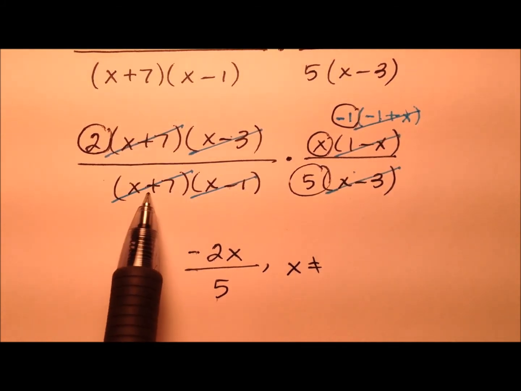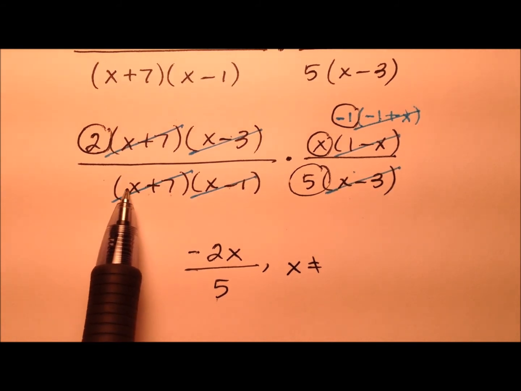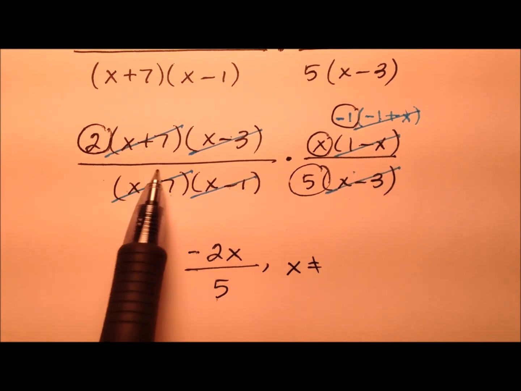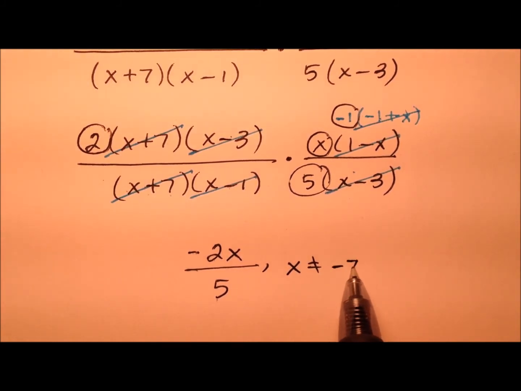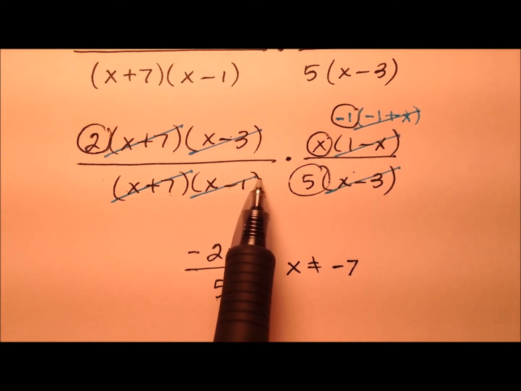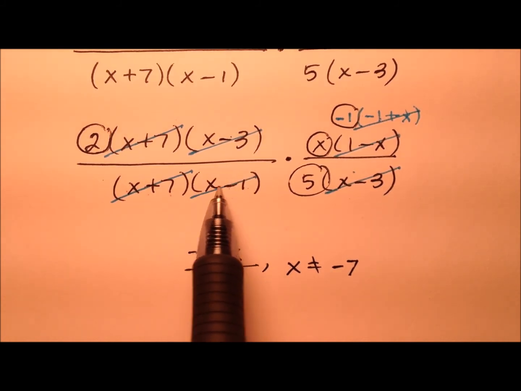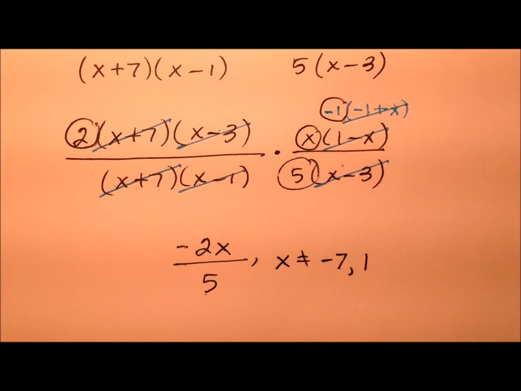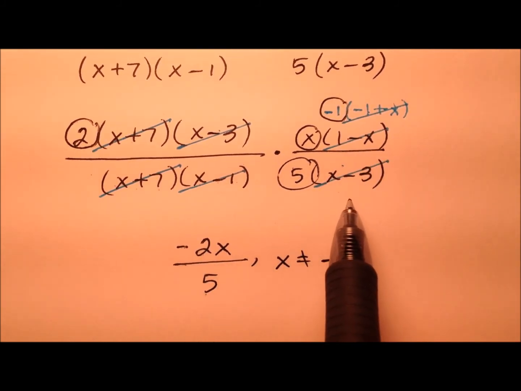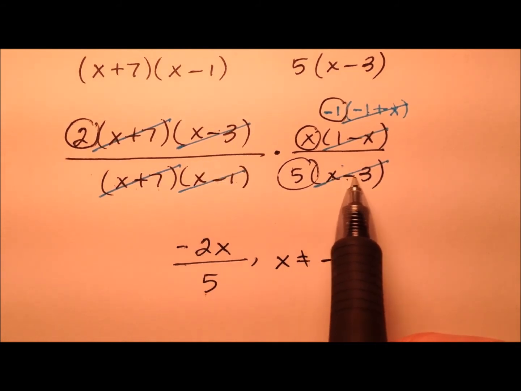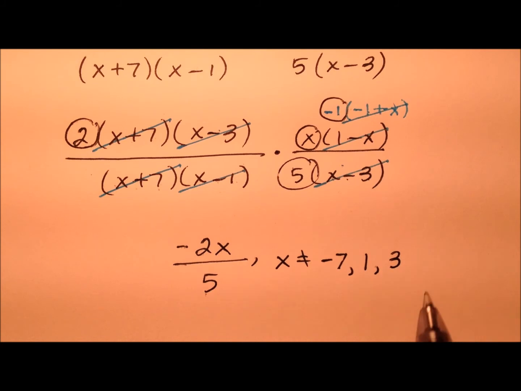If I put a -7 in x plus 7, -7 plus 7 makes 0, and that would make division by 0, so x cannot be -7. Here I have x minus 1, so x cannot be +1 because that would cause the denominator to be 0. And finally the x minus 3 canceled, so x cannot be 3.